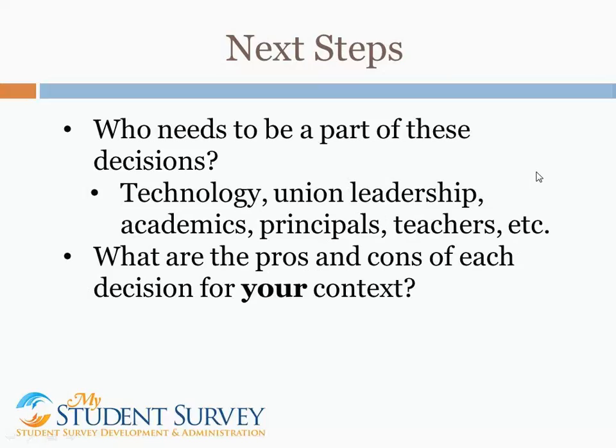So in terms of next steps, these are some of the big questions that come up during survey administration. And the real big piece is getting everybody involved and on board with these types of decisions.